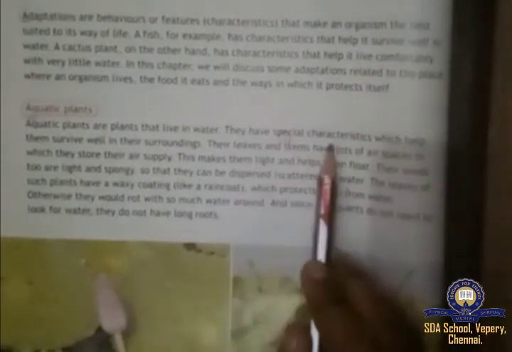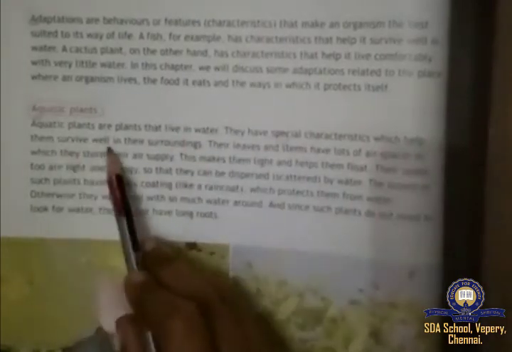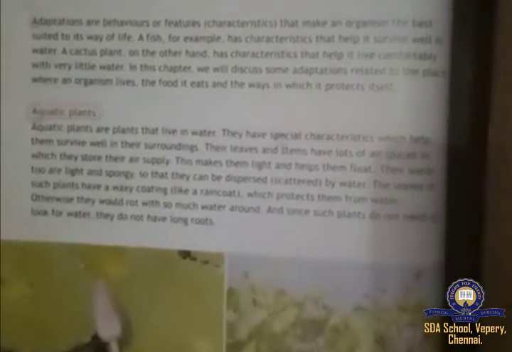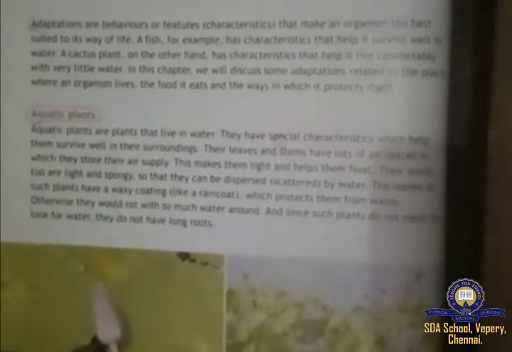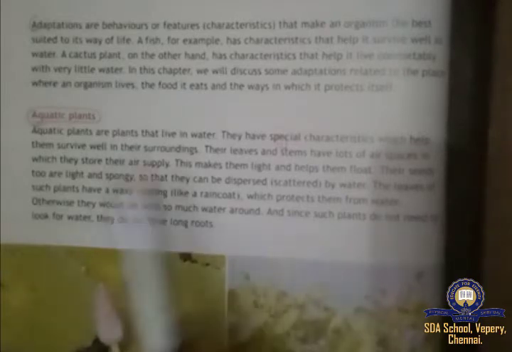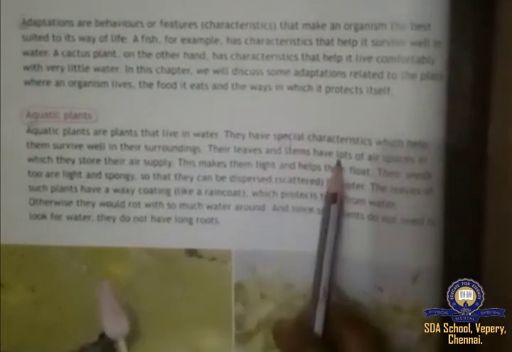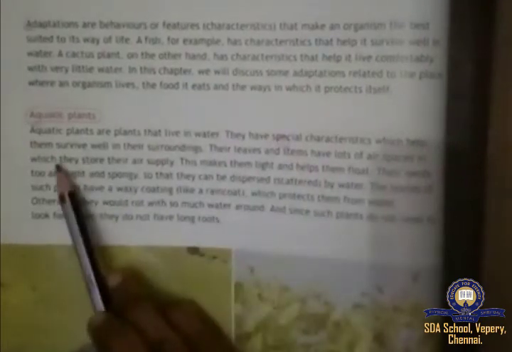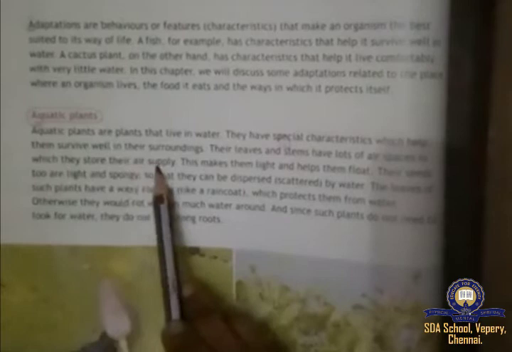They have special characteristics which help them survive well in their surroundings. Their leaves and stems have lots of air spaces in which they store their air supply.